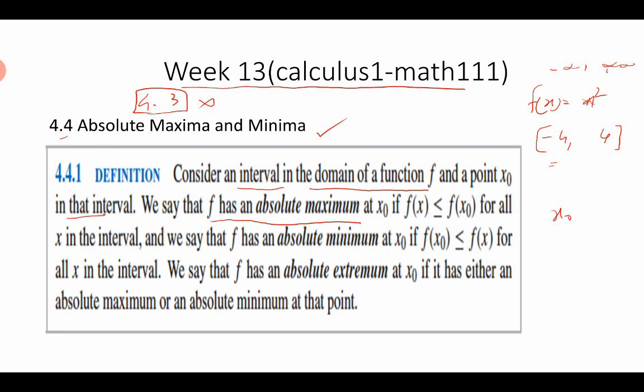If there is a point in this interval from negative 4 to positive 4, let x0 be a point in this interval. We want to call this point the absolute maximum.